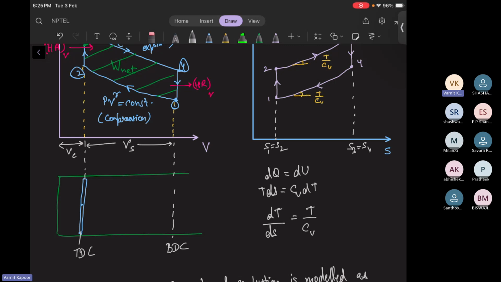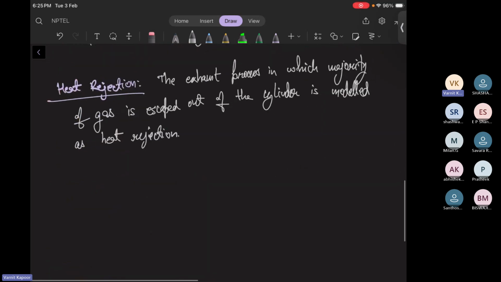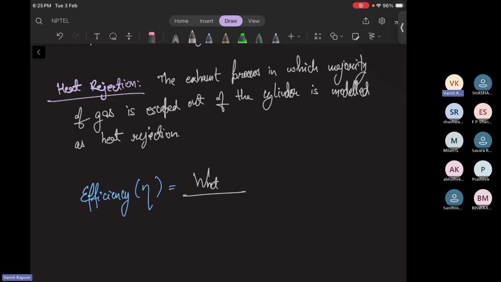So efficiency eta is nothing but net work to that of net heat supplied, Q supplied.